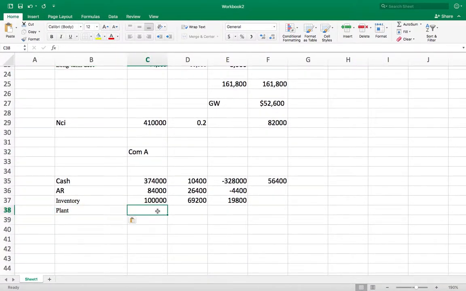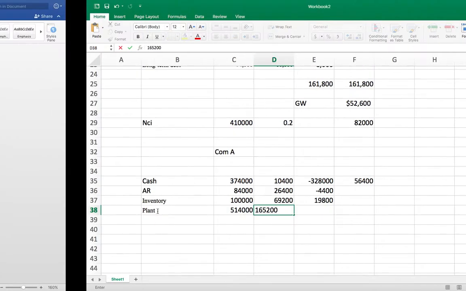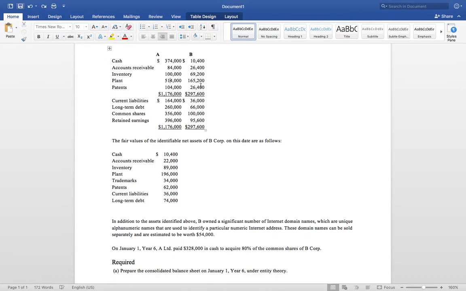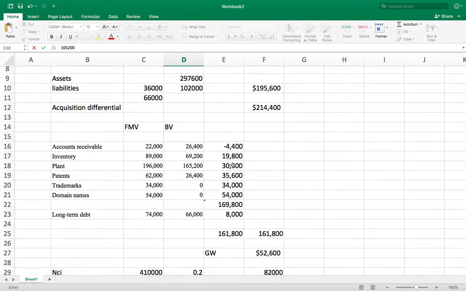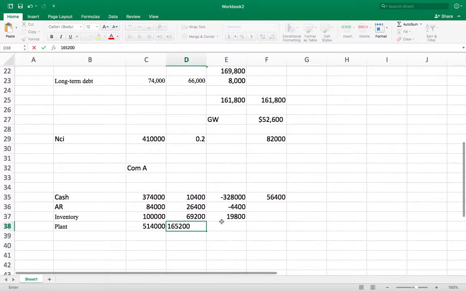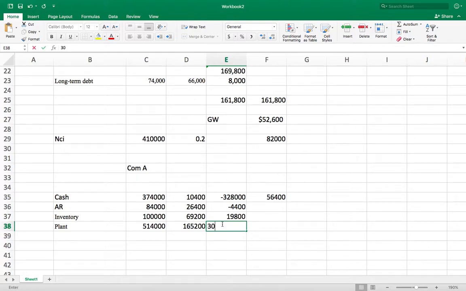So plant is 514,000, 165,200, and the difference between these two is 30,800.